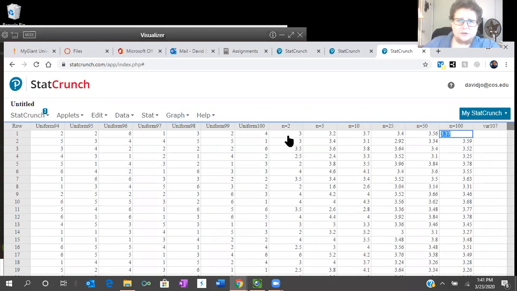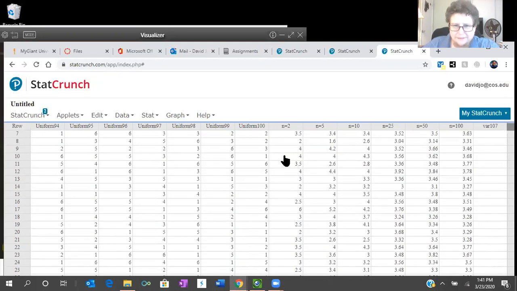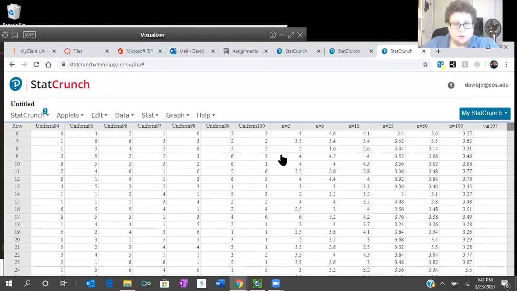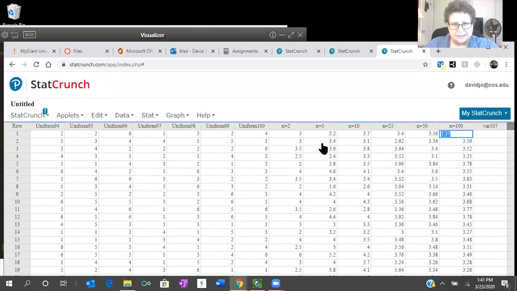Now if we look, let's go through column 2. This is just the mean of the first 2 squares. I've got 3, 3, 3.5, 2.5. They're all even increments of 0.5 or something like that. When we do n equals 5, now we have slightly different values. We're not doing increments of 0.5 anymore. It gets a lot smaller.